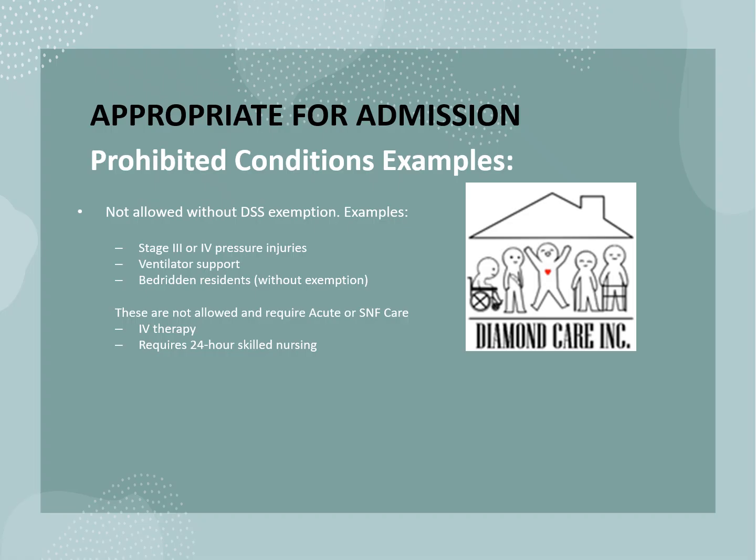Another that would never be allowed in Diamond Care is IV therapy that requires 24-hour skilled nursing, meaning the resident requires IV hydration, requires TPN, or requires IV medicine every 6 to 8 hours or a frequency along those lines. Once again, that is a skilled need, and it would have to be performed by an RN or LVN through a home health or hospice agency with DSS approval.